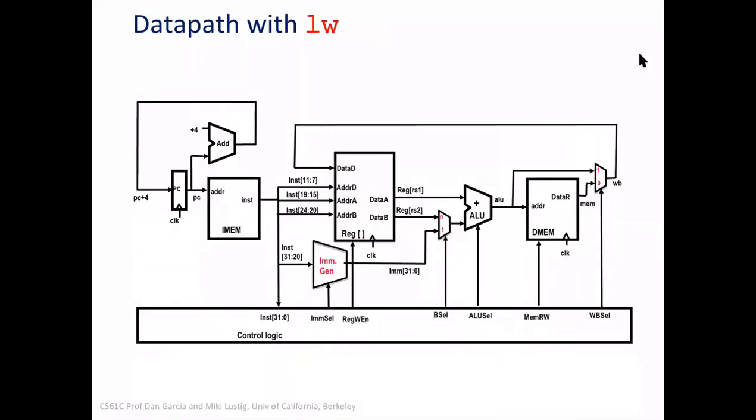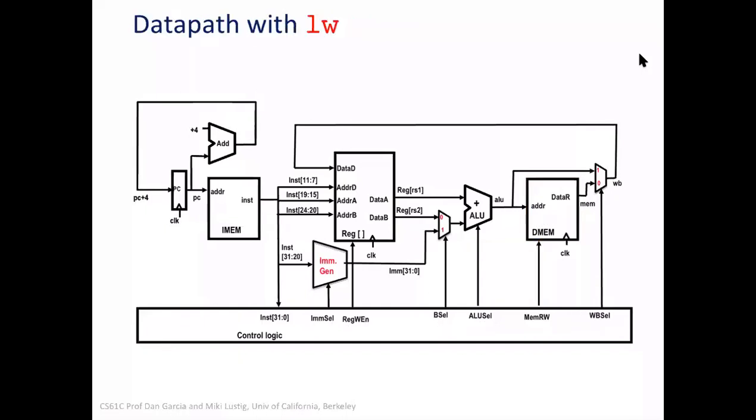In case of SW, store, we are reading from the register file and writing into memory. So do you think there should be any change here in the data path? We should have a write enable signal for D memory as well. So control signals will always be different.